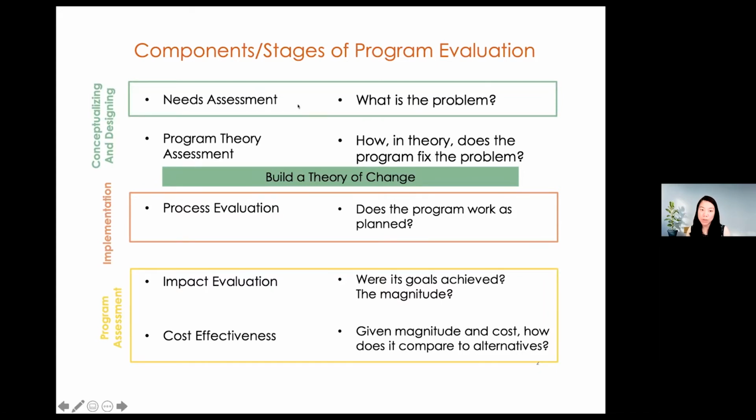So you wanted to make sure you're clear about what's the problem you're trying to solve, and also in theory, what kind of program can solve the problems. And most importantly, before you jump into the implementation phase, even before you do anything, is to build a theory of change. So we're gonna look at this closely.